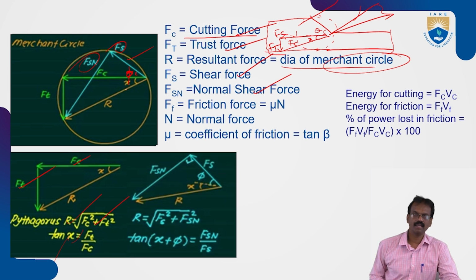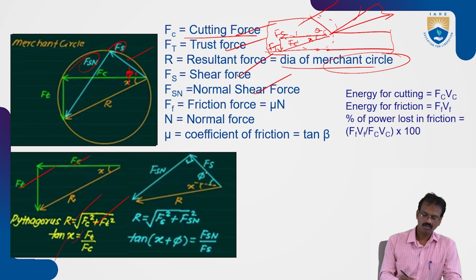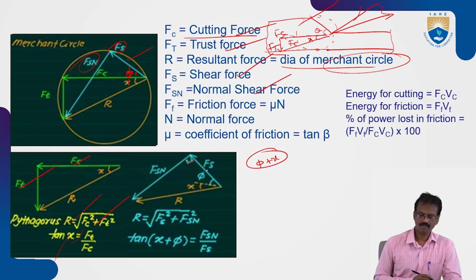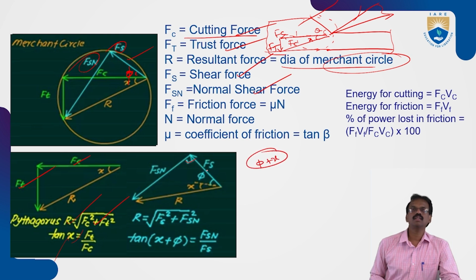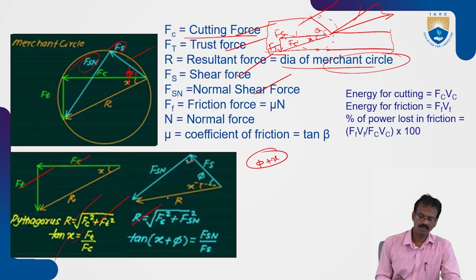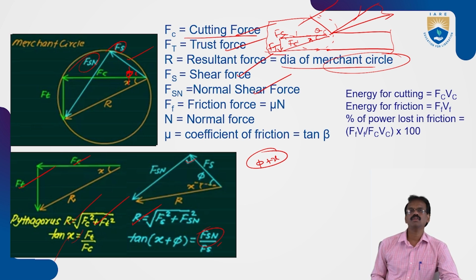Then the triangle is like this, with a 90 degree angle. The total angle is equal to phi plus x. If you consider this triangle, the radius is the same, with Fs square plus Fsn square, and tan of the total angle x plus phi is equal to Fsn by Fs. By using these relations, we can find out the triangle. If you know the triangle, you can find out the forces also.